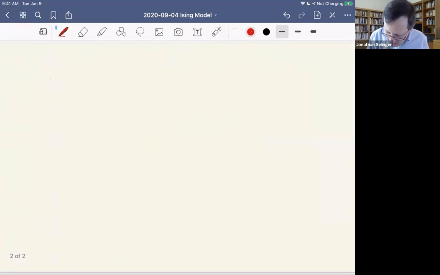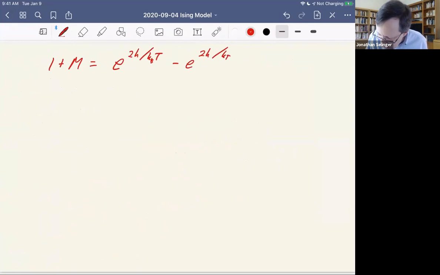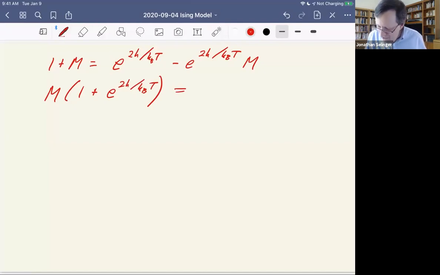Let's see. That makes a 1 plus m is equal to e to the 2h over kt minus e to the 2h over kt all times m. Okay, so if I get all the m's on one side, m times 1 plus this thing, e to the 2h over kt is equal to, oh, what is this? e to the 2h over kt minus 1.